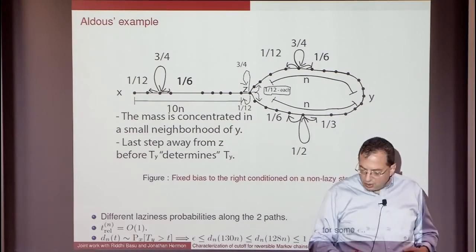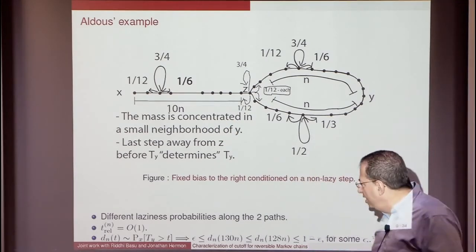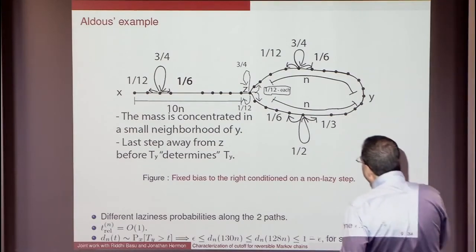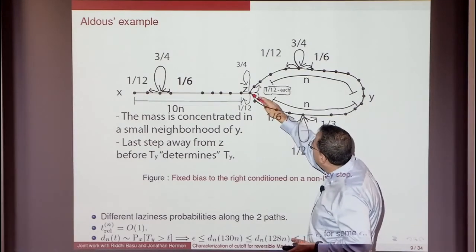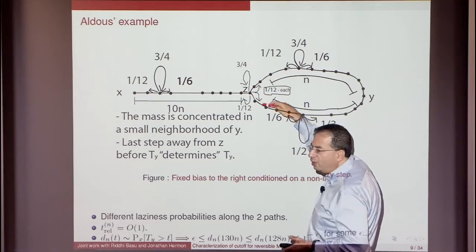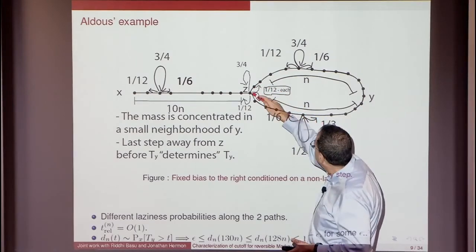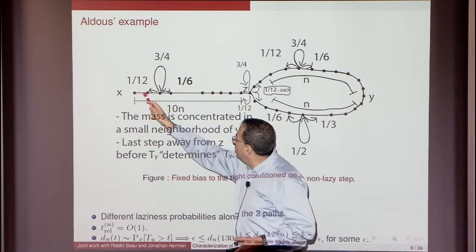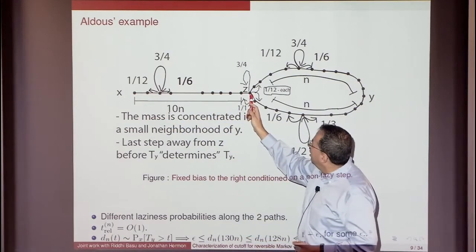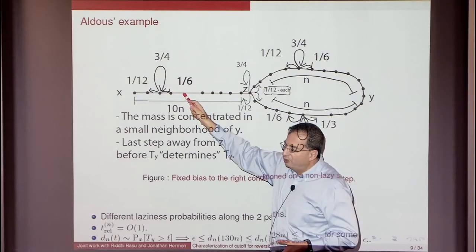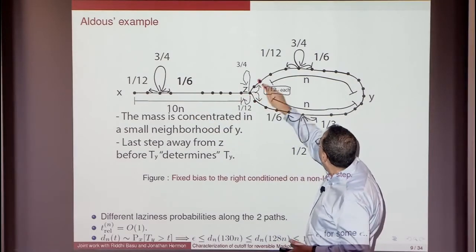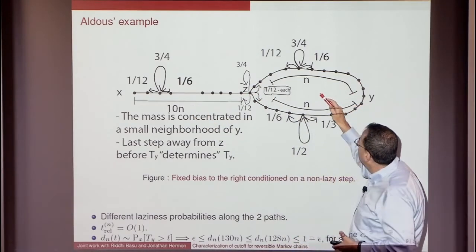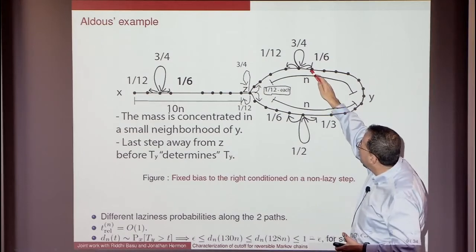But that time as a random variable is not concentrated, because there's a decision point here, and you might go up or you might go down, with probability half. So you might reach from this side or from this side. This is going to take you 120n, so that you move at speed 1/12 here. And then on the top, it's going to take you another 12n.